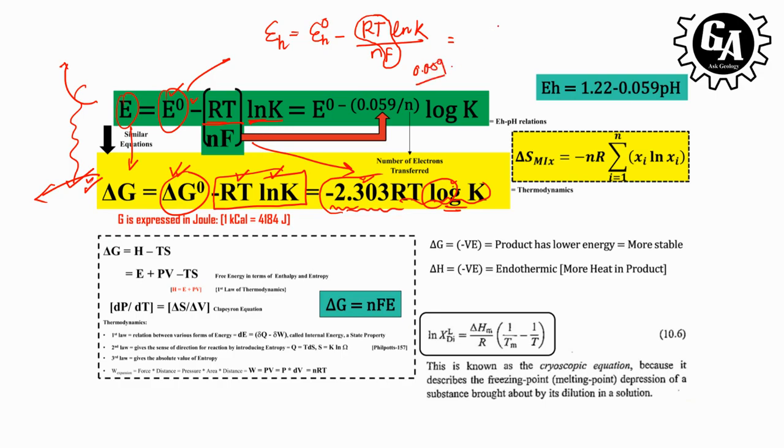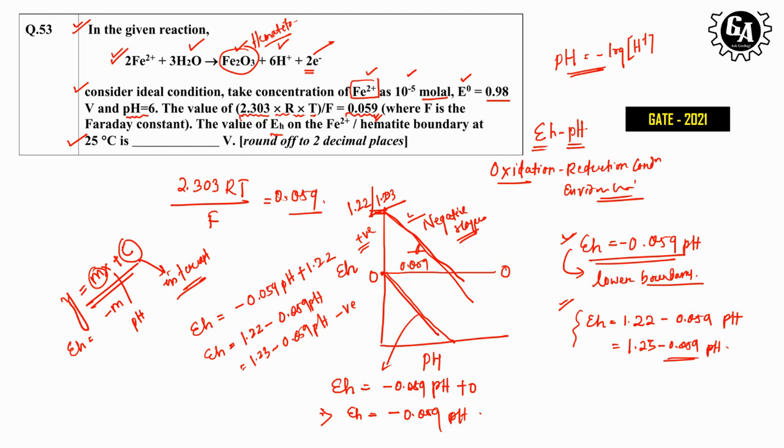So our equation here will be EH is equal to E0 minus 0.059 divided by N log K, because 0.059 is actually giving the value of 2.303 RT by F, in logarithm with base 10.